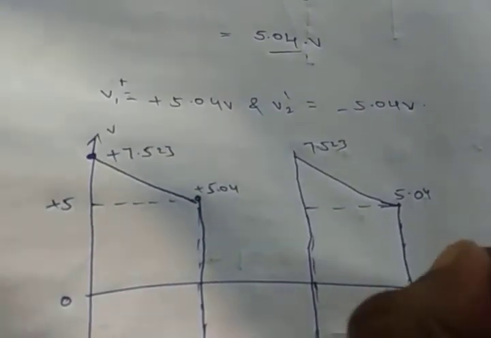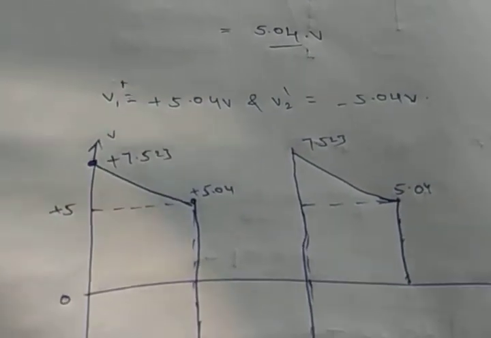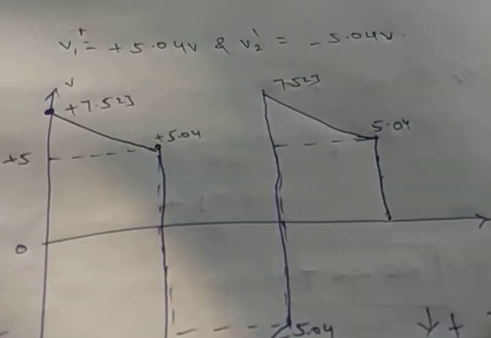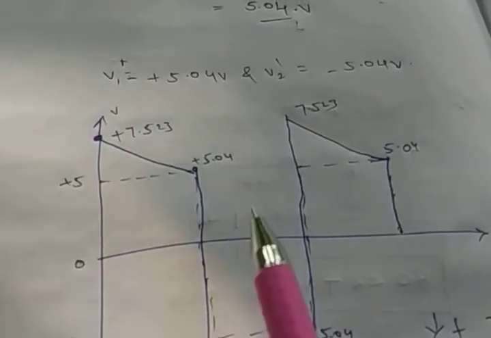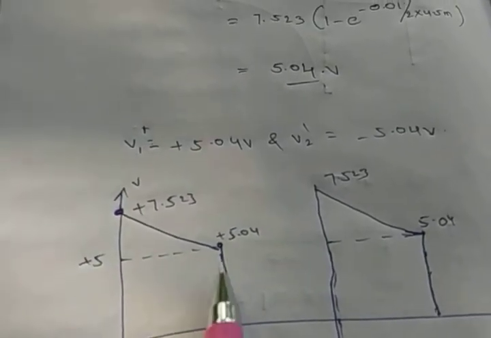This will be our output for the bit in which the frequency is reduced to 100 Hz. So by that we calculate the values of voltages and represent them like this.